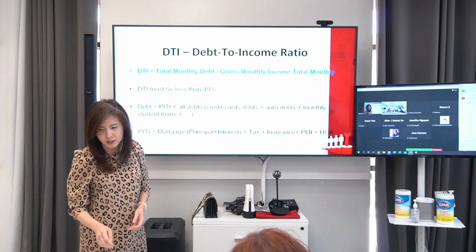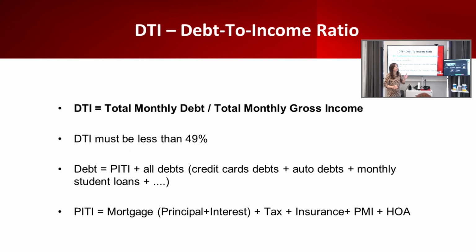So the next slide, we talk about a ratio. Lenders use this particular ratio. It's called the debt to income ratio. They use this formula to qualify a borrower, to see if the borrower qualifies. They're gonna approve the client or not using this ratio. The name of the ratio is really simple and easy to remember.